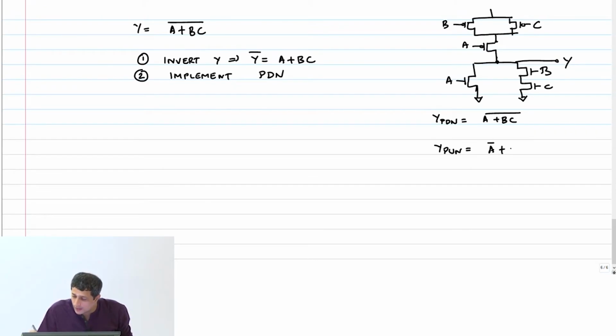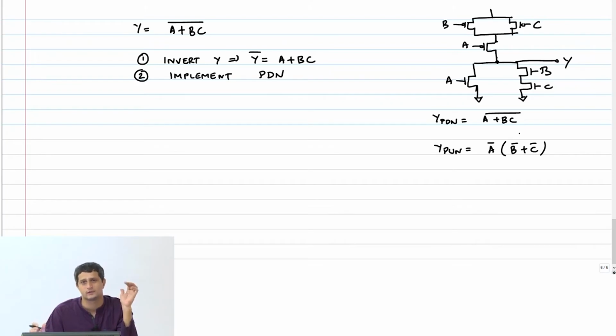A bar + A bar into B bar + C bar, right? Note that these two are Boolean equivalents. By De Morgan's laws, I can take the complement inside, make AND into OR, and these two are the same.